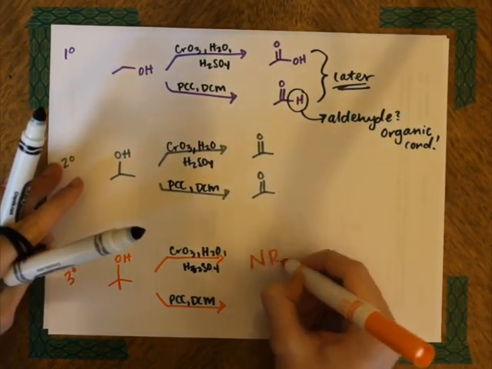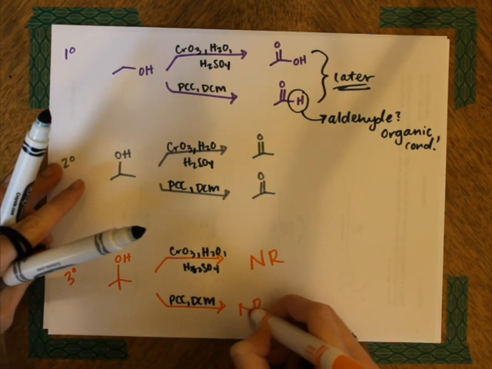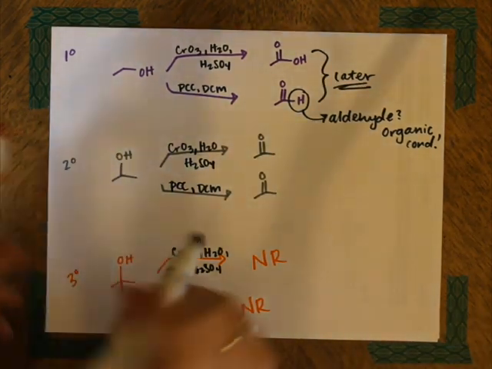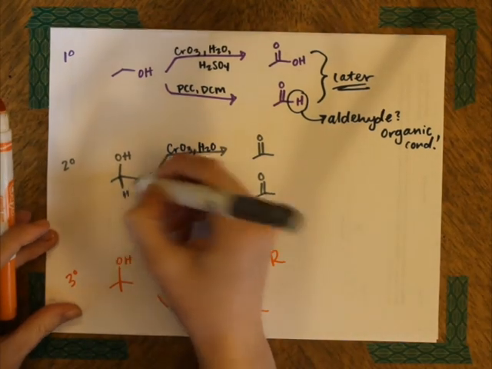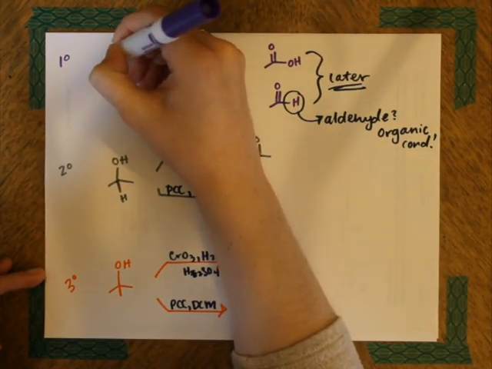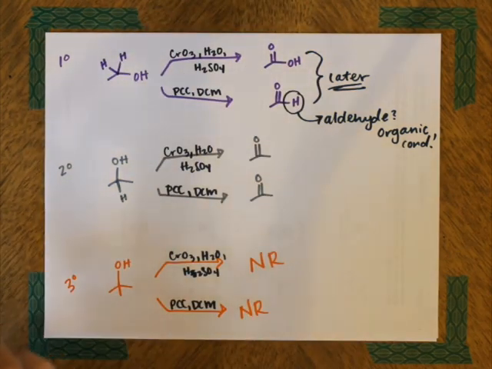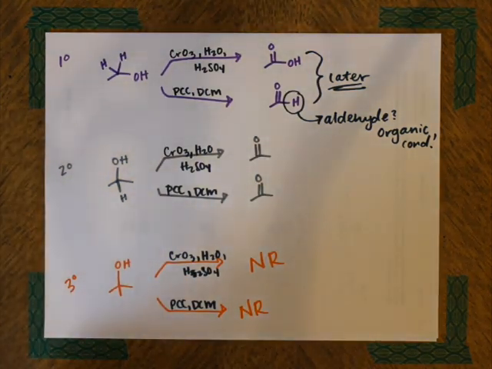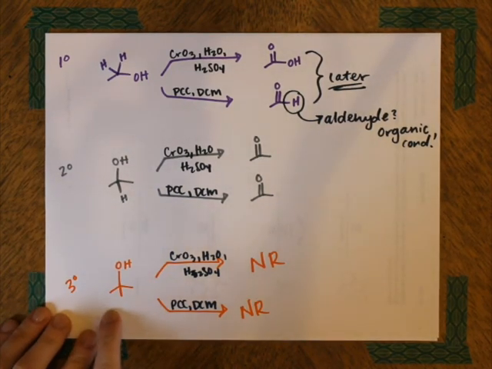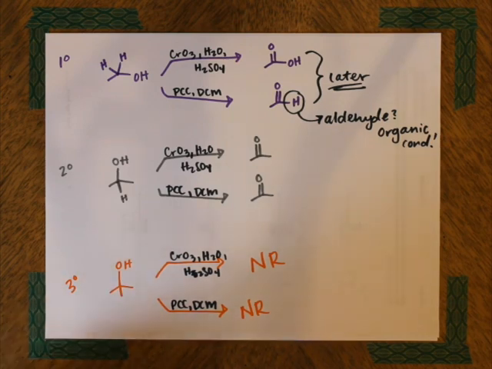This one is going to be a true no reaction situation, because there's no proton to remove here. Just like in these other examples, I can oxidize this by removing these protons, making it more connected to something that's more electronegative. So this is truly a no reaction situation because there are no hydrogens to remove there.